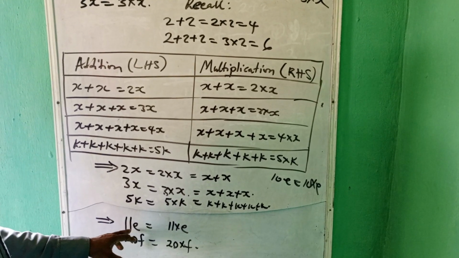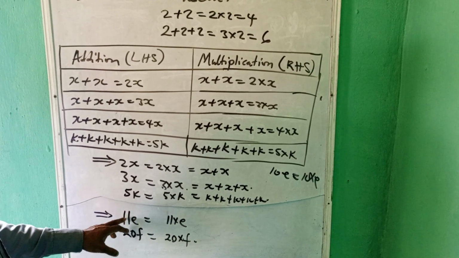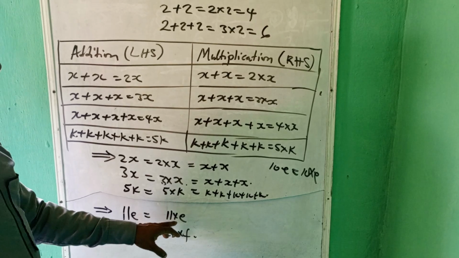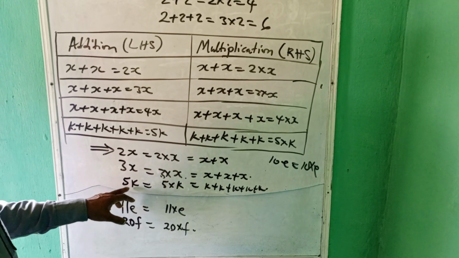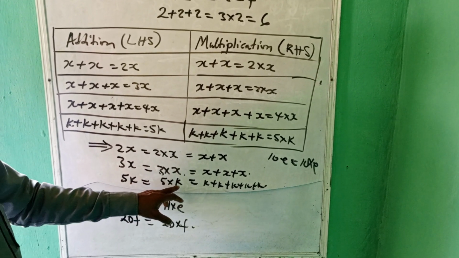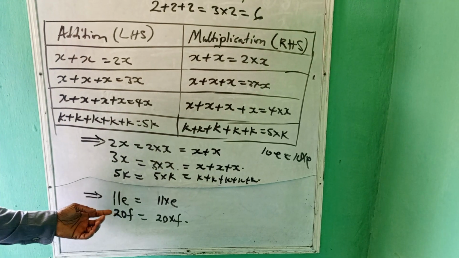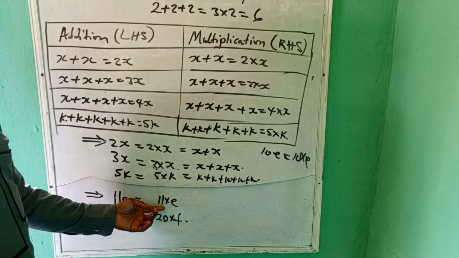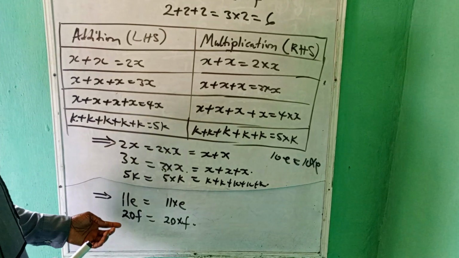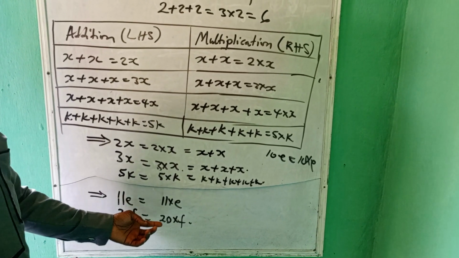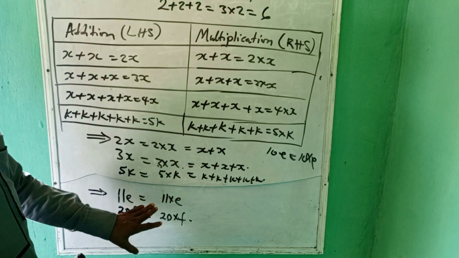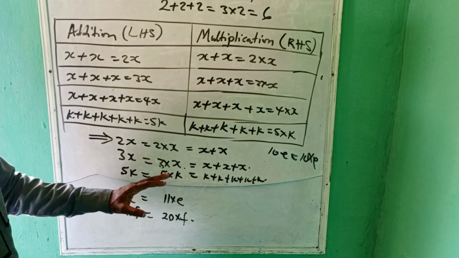So when you see a letter and a number, there's always an invisible multiplication sign between them. 5k is equal to 5 times k. If we go a step further, 11e is 11 times e, and 12f is 12 times f. Take note of this if you are new to algebra.